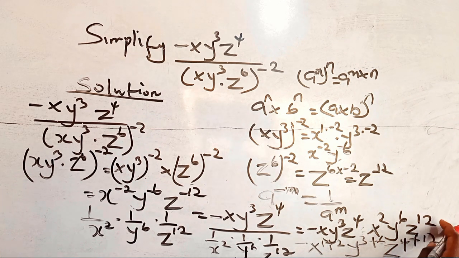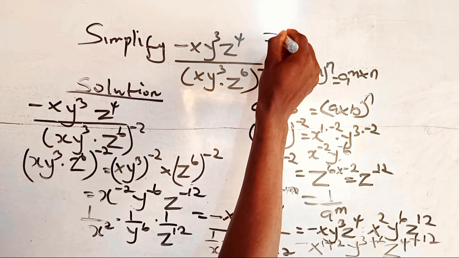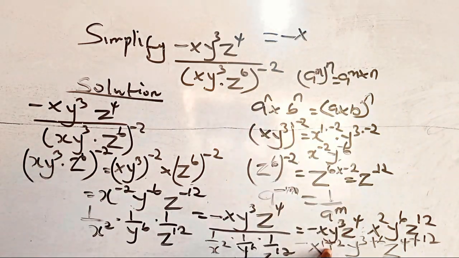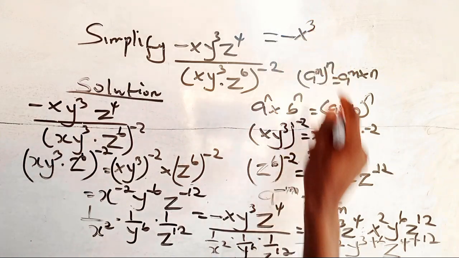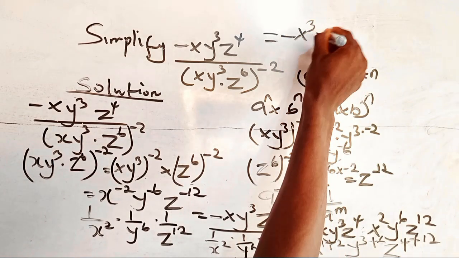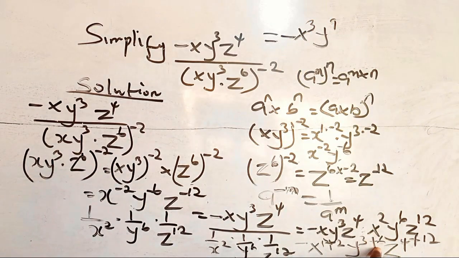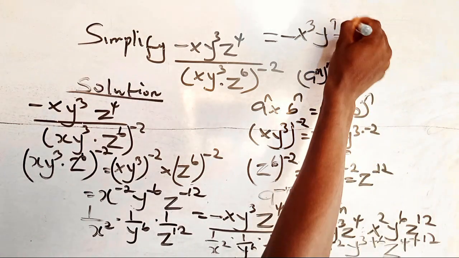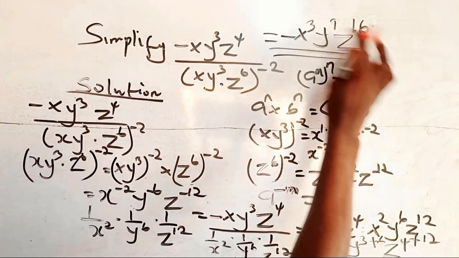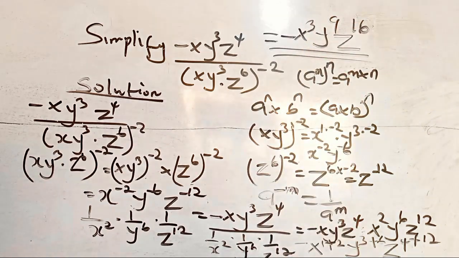So our final answer will be minus x raised to the power 3, since 1 plus 2 is 3, y raised to the power 9, since 3 plus 6 is 9, and z raised to the power 16. Thank you very much.